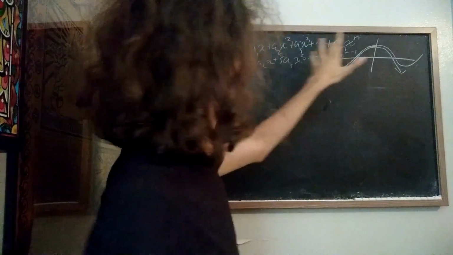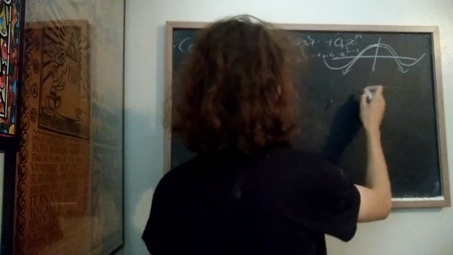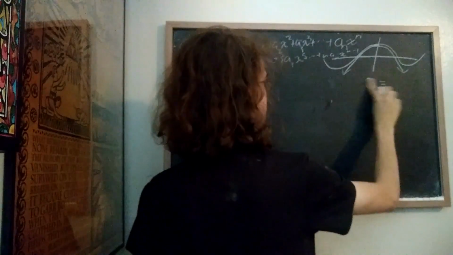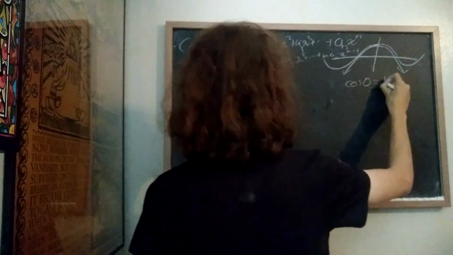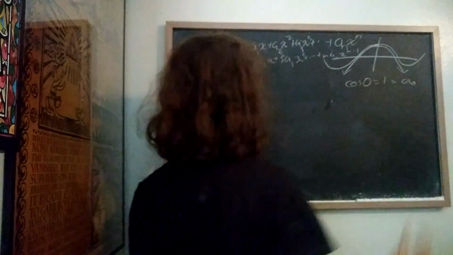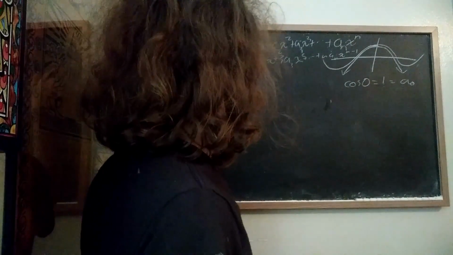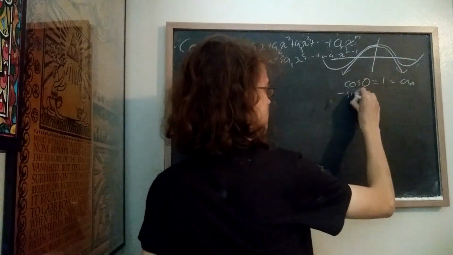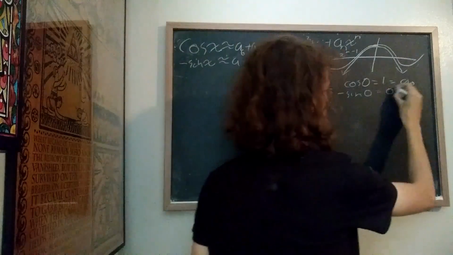For this first one, if we set x equal to 0 on both sides, we get cosine of 0 is equal to 1 is equal to a null. And for our first derivative, we set x to be 0: minus sine 0 is 0, and that gives our second coefficient, a1.